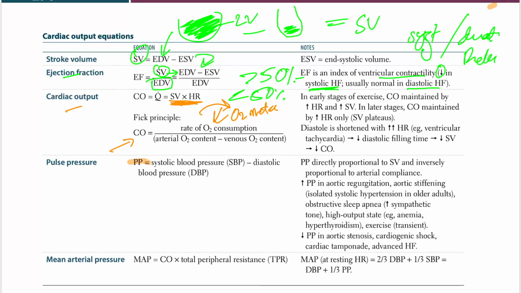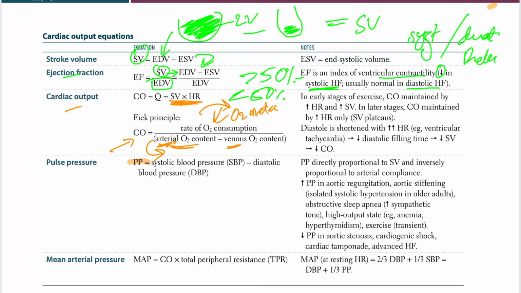What is arterial O2 content? Well, arterial O2 content is the arterial blood. Normally you can take it from the arterial blood or a peripheral artery to check the arterial O2 content. Again, the name says right there, arterial O2 content means artery. Straight up take the blood from the artery, not the vein.